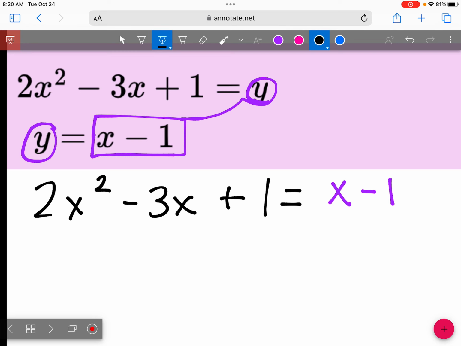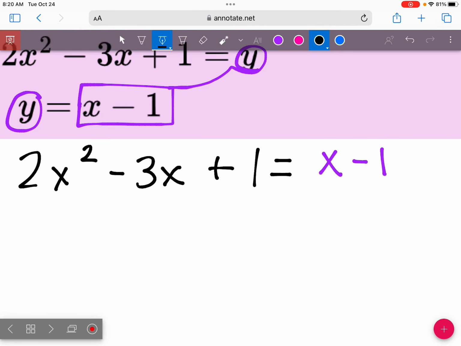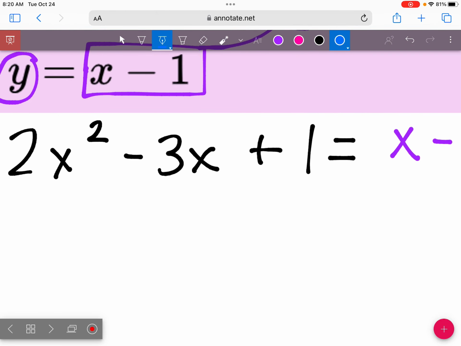So I need to find my solutions, my roots, my zeros. What do I need to do to be able to find my solutions? We need it to equal 0. So what can I do to make it equal 0? Subtract x on both sides.